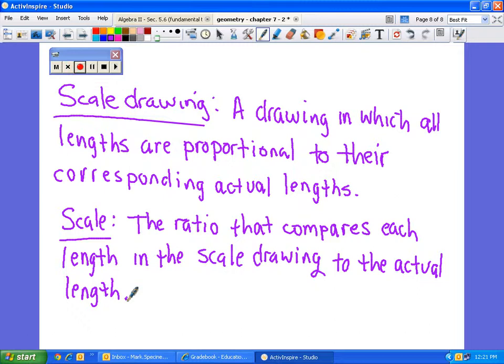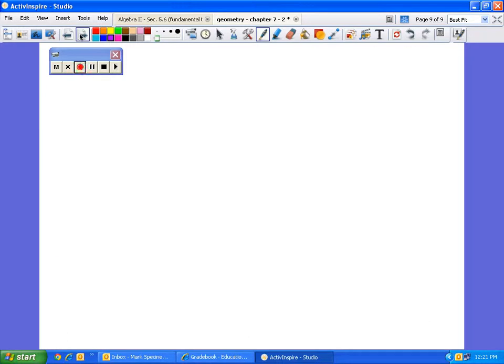So, how do we use that? I have in the book a picture of the Golden Gate Bridge. And on the picture, it says that the scale is that 1 centimeter is equal to 200 meters.